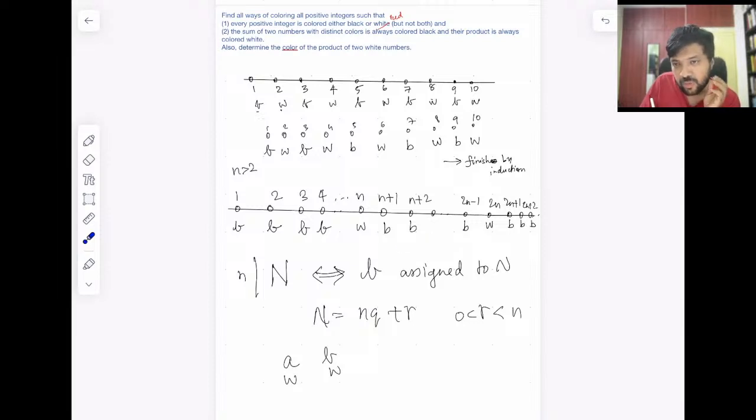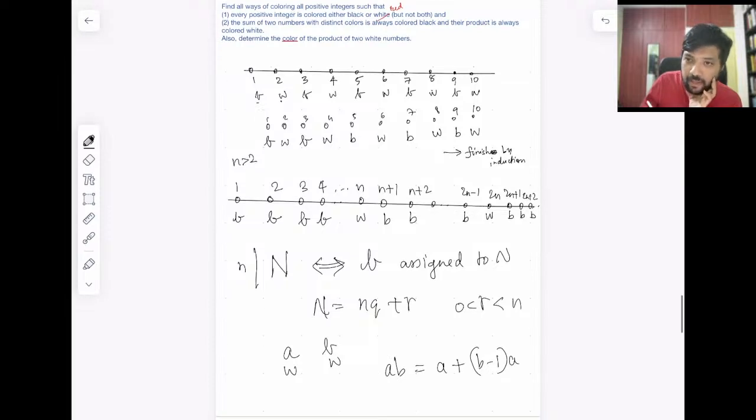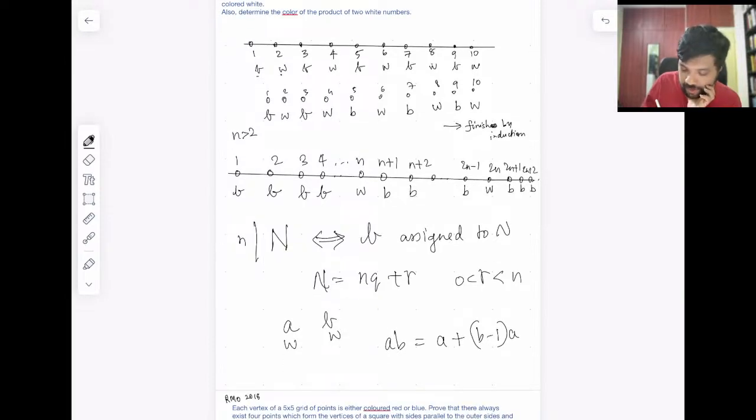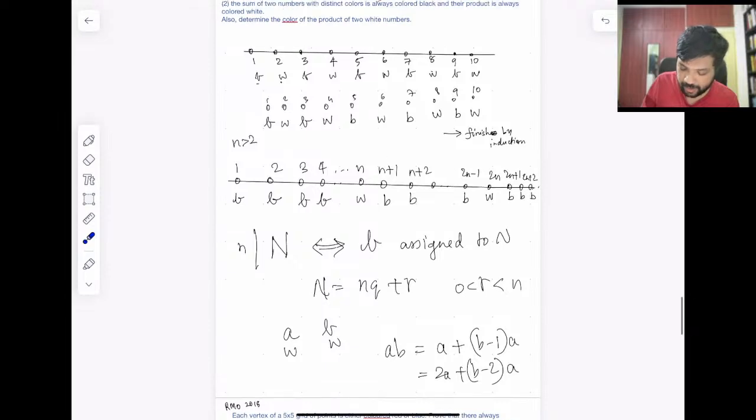Rishan is saying use AB is A plus B minus 1 into A. It is equal to 2A plus B minus 2 into A and so on. So A and B are white.